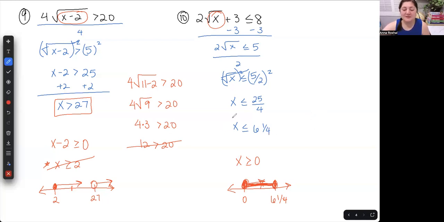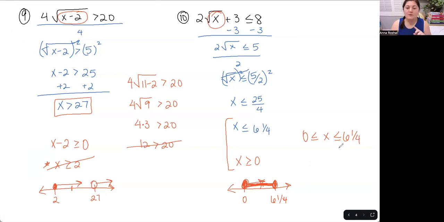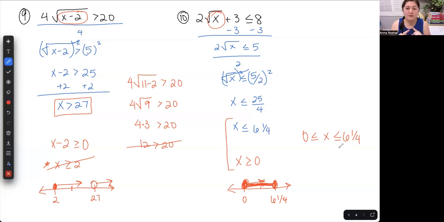So my final answer is going to be a combination of these two. I'm going to say that 0 is less than or equal to x, which is less than or equal to 6 and a quarter. Again, a few things. We want to make sure that we're eliminating everything from the radical, leaving the radical alone on one side. Then eliminating the radical by multiplying the exponent by the reciprocal.